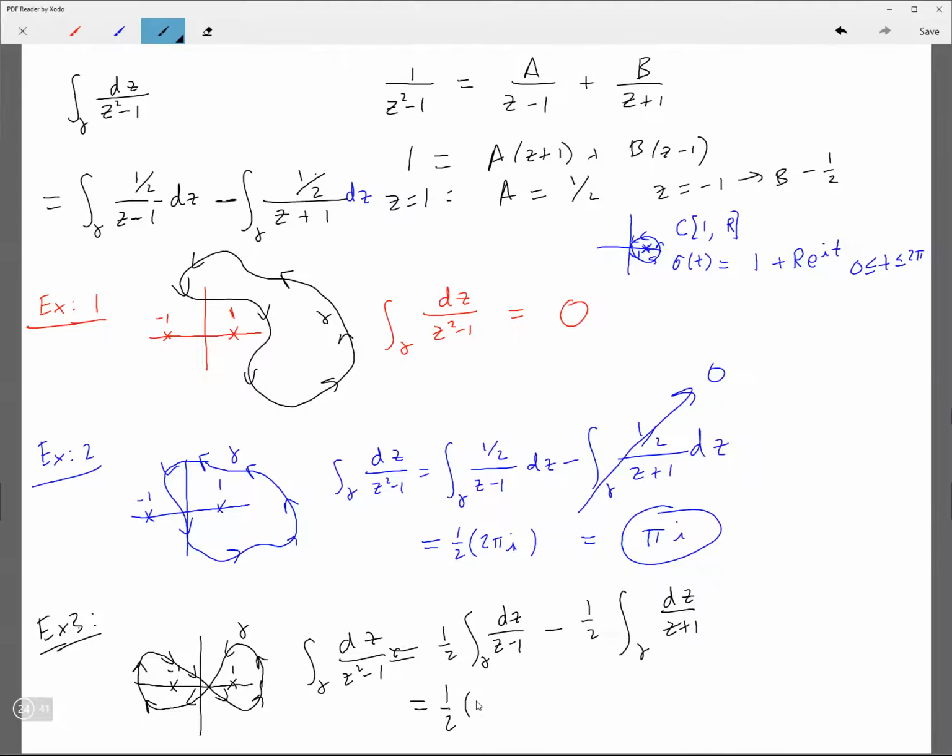So that's going to be 2 pi i, right? Okay, now what is the second one going to be? This one over here at -1. Here's -1. And this is the singular point, or the point where this is not holomorphic. The only point where it's not holomorphic is at -1.